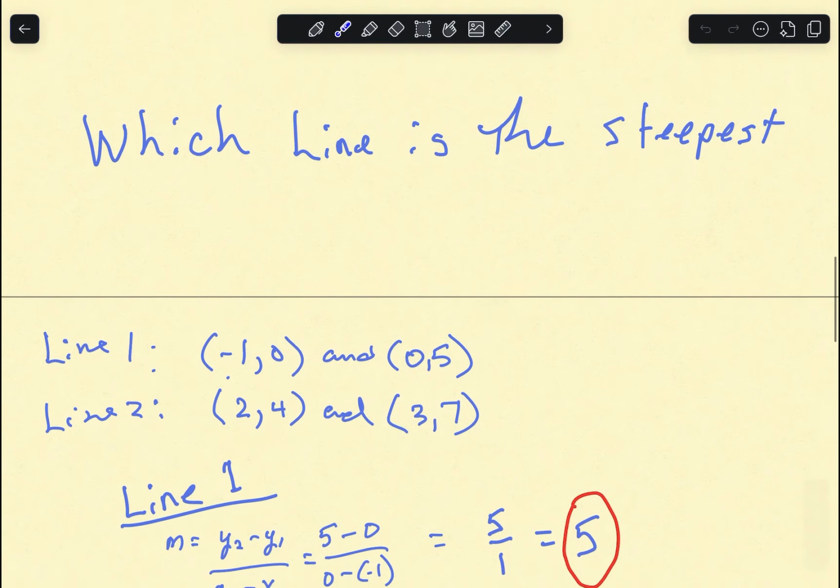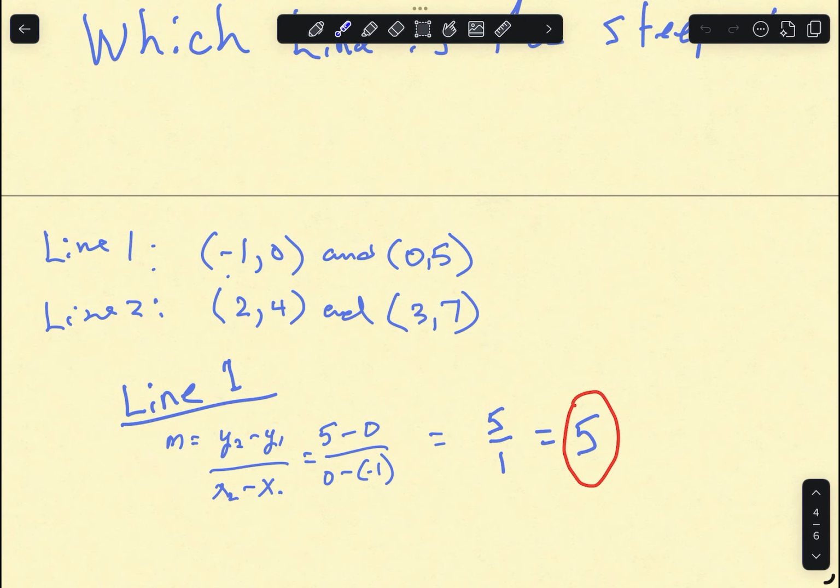So we start off with our first line. I've already written it out, but I'm going to walk you through it. We plug in everything: 5 minus 0, and 1 minus negative 1. Remember, this is your y. We're just doing line 1 right now. This is your x1. This is your x2. So it's x2 minus a negative 1, which gives you a positive 1, because minus a negative becomes positive.